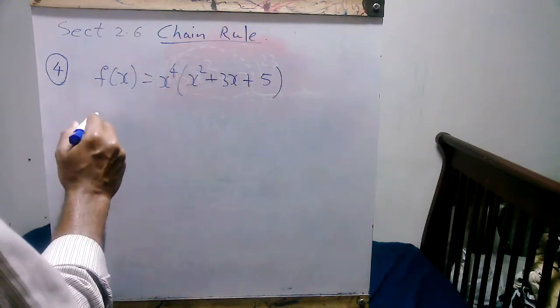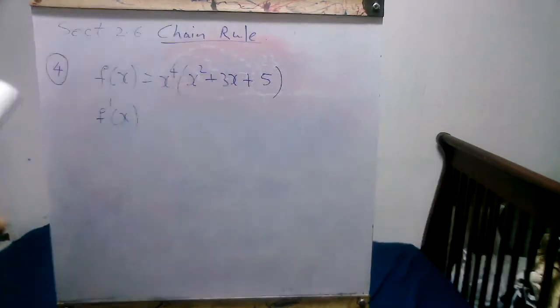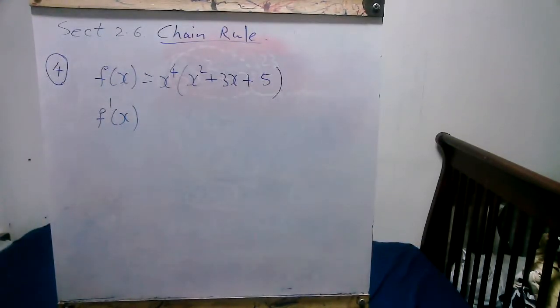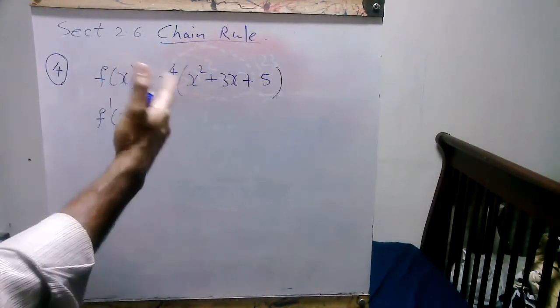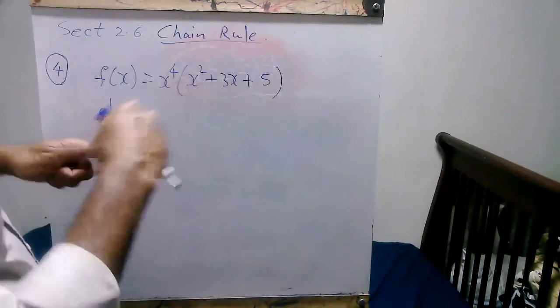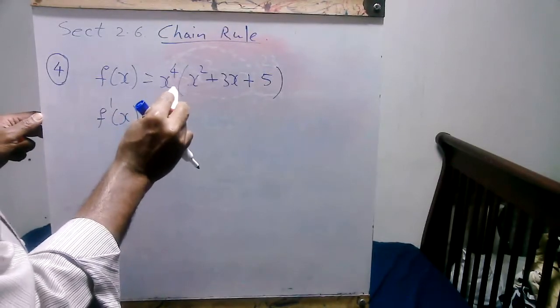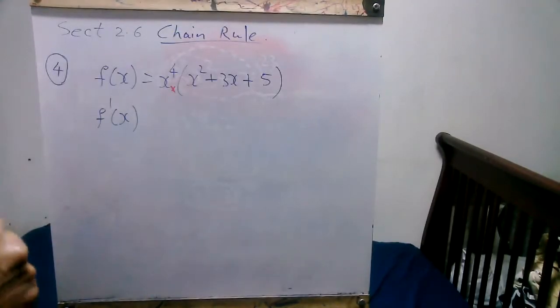Find f dash x. Now this is a mixed problem. Either we have to distribute this and differentiate, or, now we know the product rule. This is a product between this and this, meaning in between we have multiplication. Clear? This red cross is multiplication.